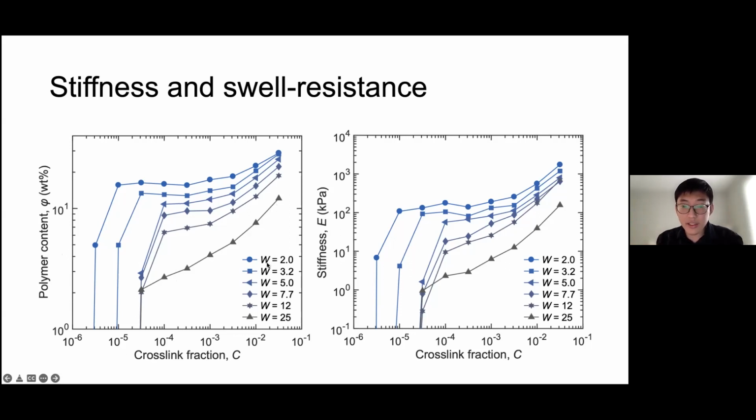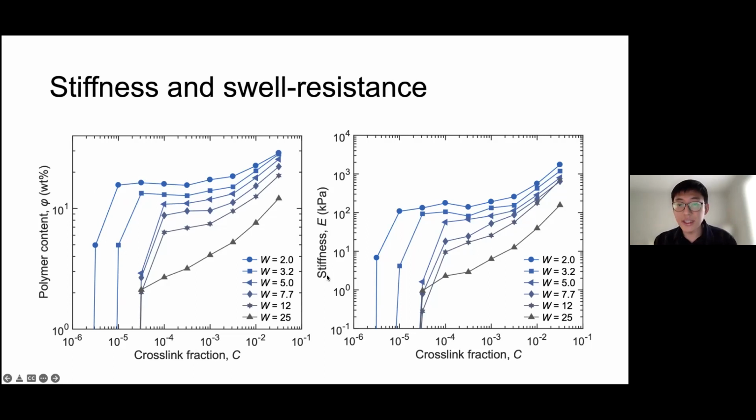However, if you decrease the W value, that means the polymers densely entangle, then there is a regime that is not a function of crosslinker anymore. That means in this regime, the elastic property is a function of density of entanglements. And this plateau value is a function of W, as you can see here, which is another evidence that in this regime, the elastic property is governed by the density of entanglements.